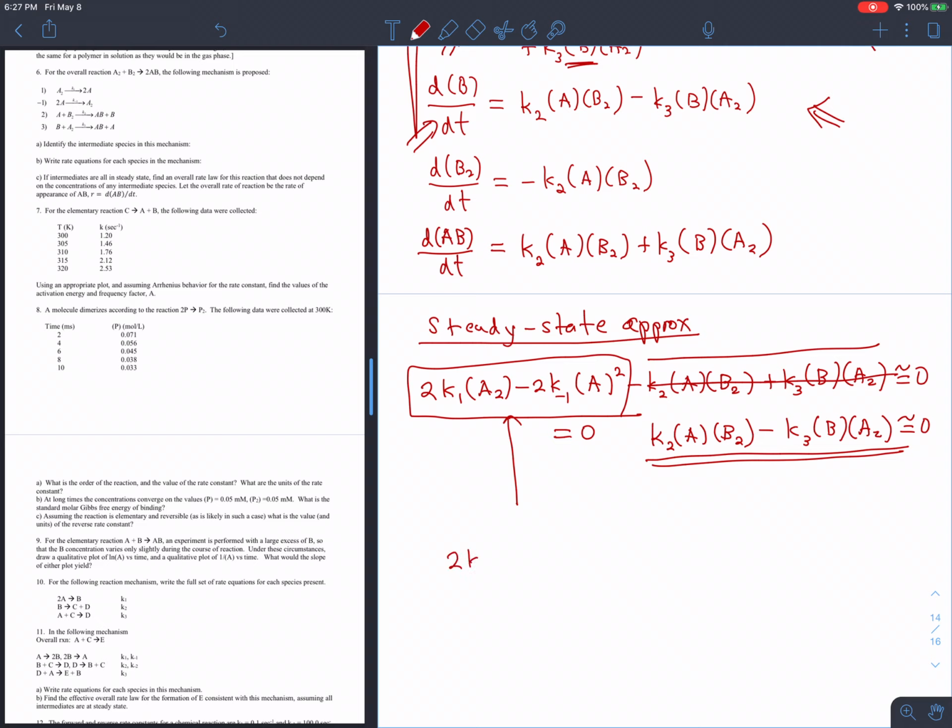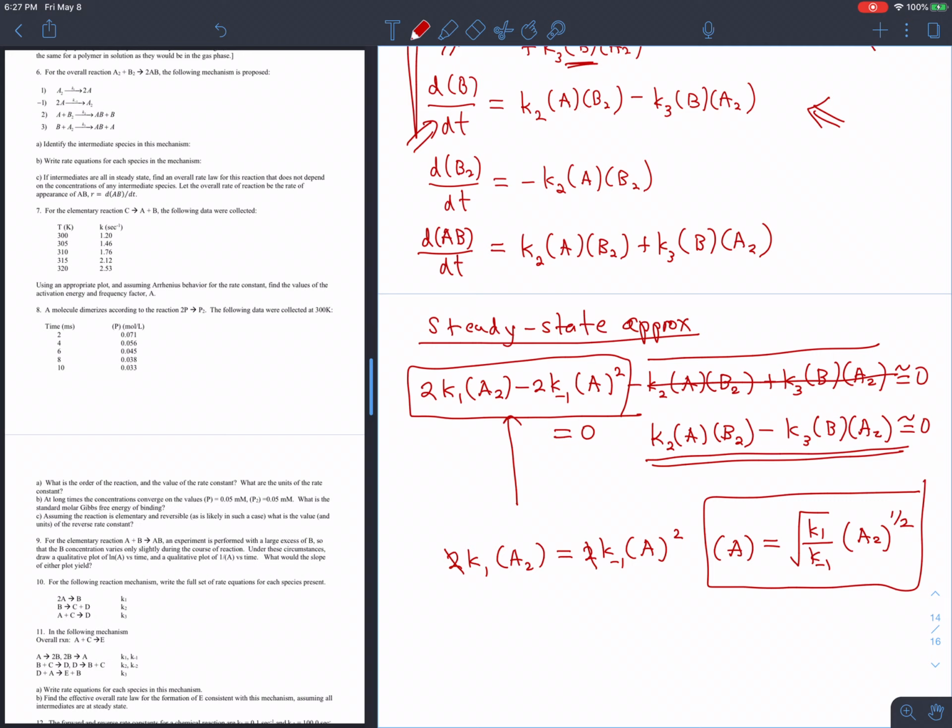And so we have 2K1 times A2 equals 2K minus 1 times A squared. The 2's cancel out, and we get that the intermediate concentration is equal to the square root of K1 over K minus 1 times the A2 concentration to the 1/2 power.